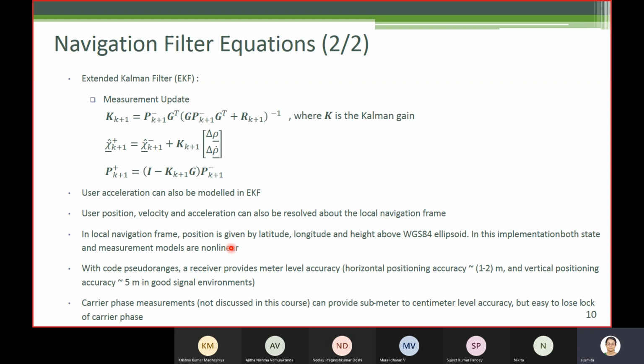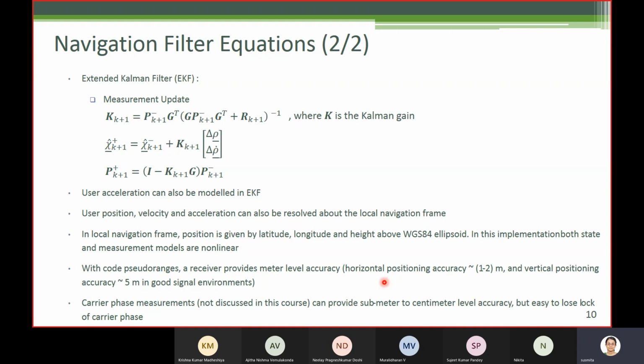What is the accuracy that you can expect with pseudo-range and pseudo-range rate measurements? Meter level accuracy. Horizontal positioning accuracy is typically 1 to 2 meters in good signal environments, and vertical accuracy is on the order of 5 meters.